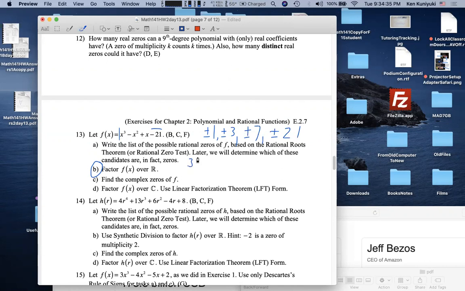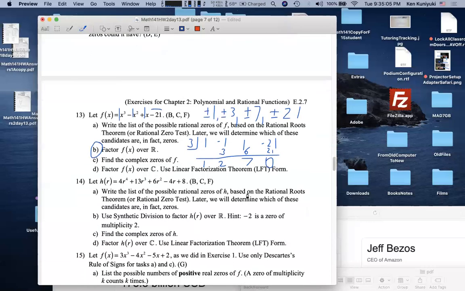Let me try 3. Coefficients are 1, -1, 1, -21. Bring down the 1, multiply by 3, add, multiply by 3, add, multiply by 3, add. We're happy with the 0 there. That's a 7, by the way.